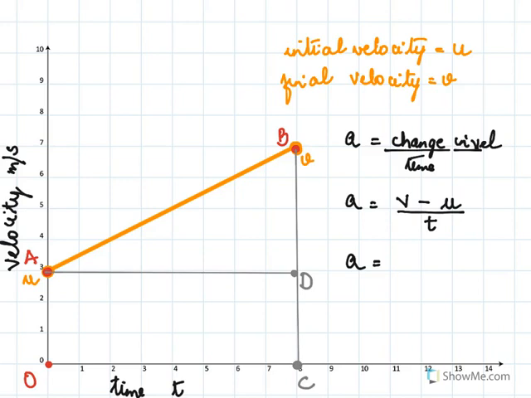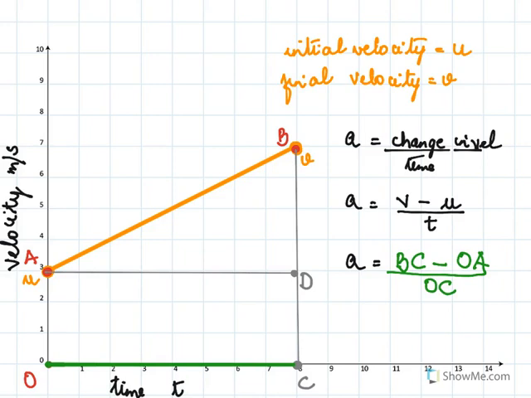So for V, we put BC minus, now what is our u? Here is our u, OA is our u. So we put minus OA. And what is the time taken for this change to take place? That is OC. OC is the time taken, which we write as t.